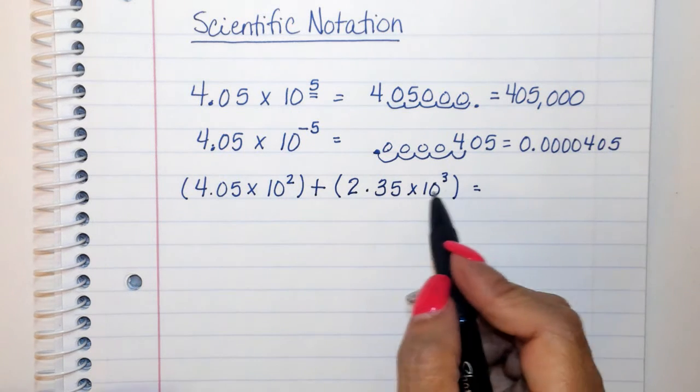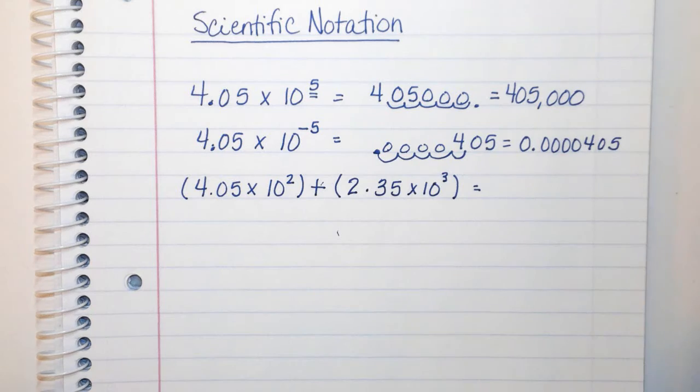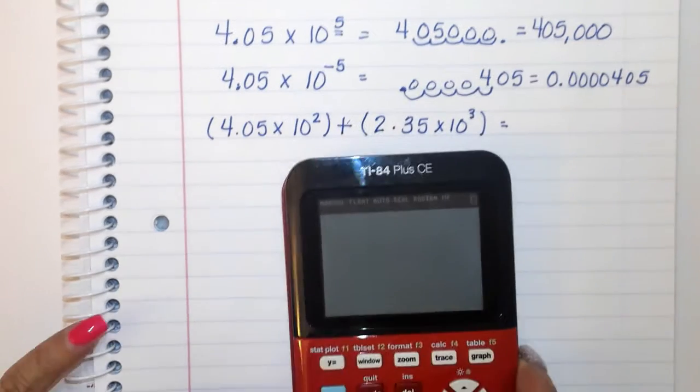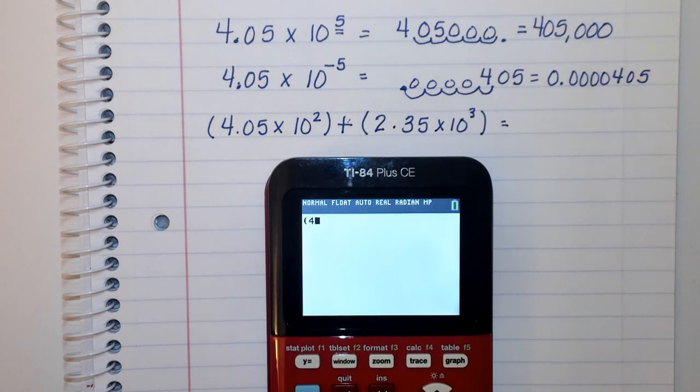Okay, now there's some rules in here about what we can and can't do when we're adding, when we're multiplying, things like that. But you know what? It doesn't really matter, because all I have to do is 4.05 times 10 to the 2nd power.